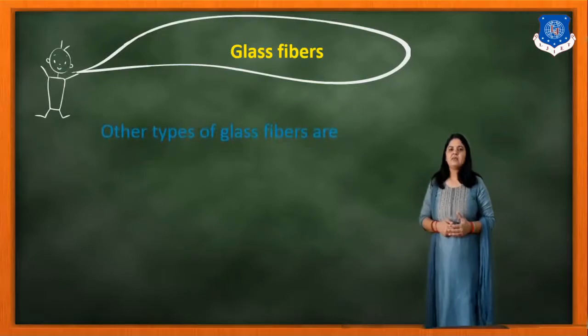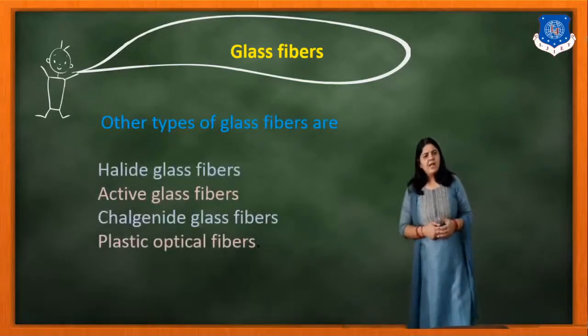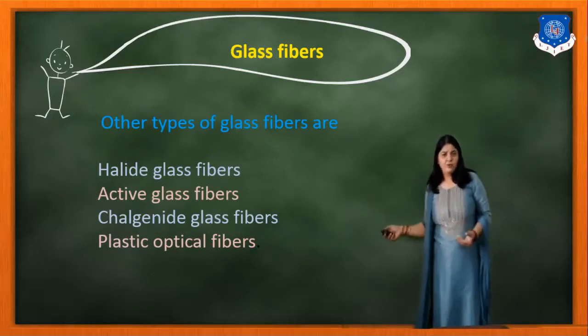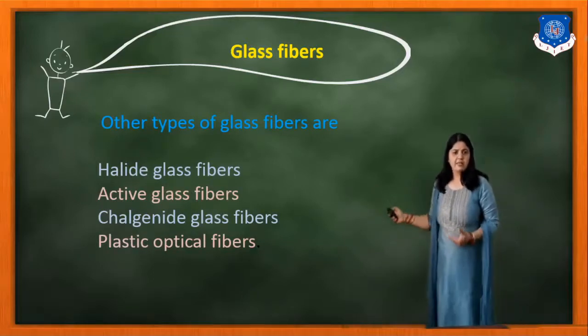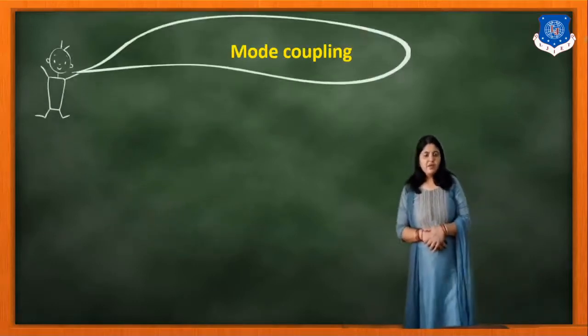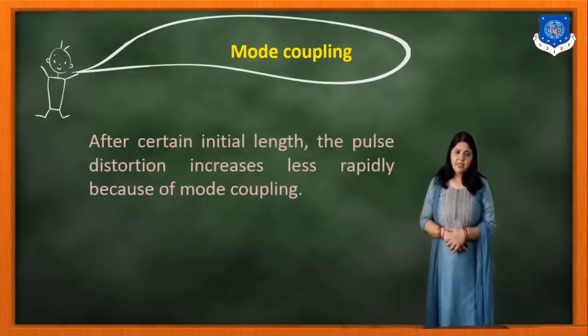The other types of glass fibers are halide glass fiber, active glass fiber, chalcogenide glass fiber, and plastic optical fibers.